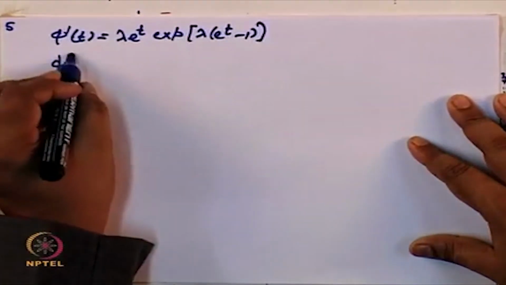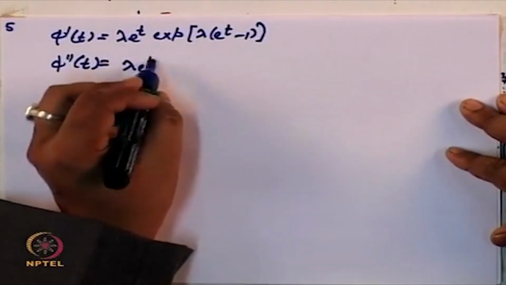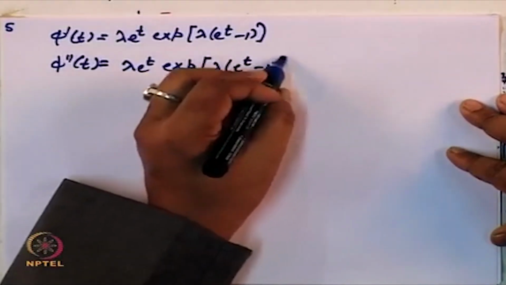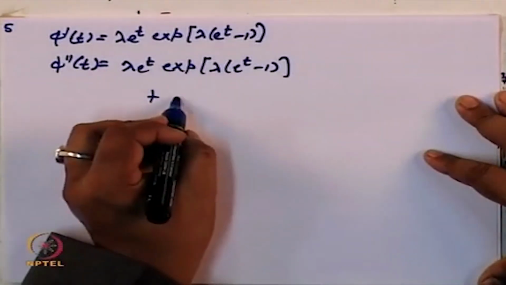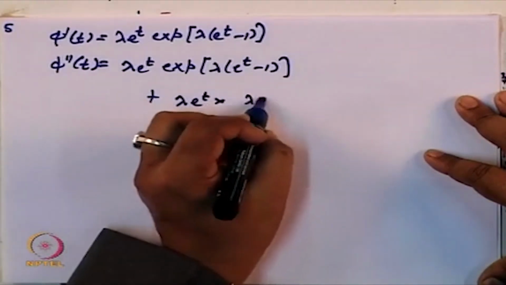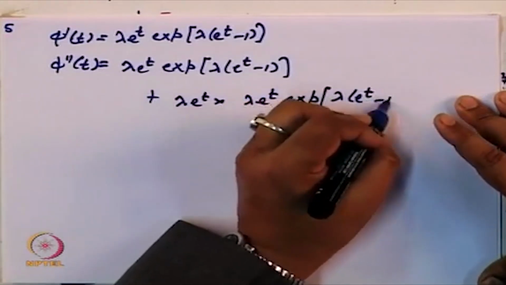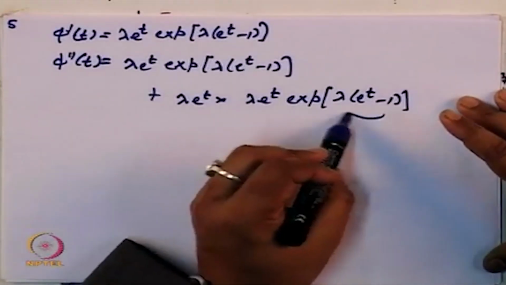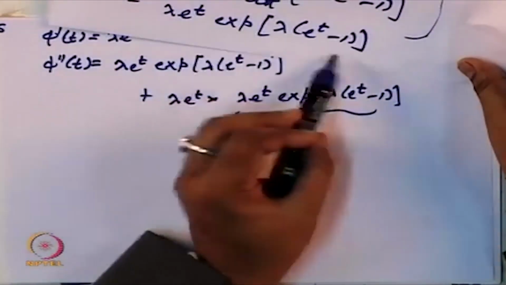So, I can write phi double prime t is equal to lambda e to the power t into exponential lambda into e to the power t minus 1 plus, so, derivative of that means lambda e to the power t into lambda e to the power t exponential of lambda e to the power t minus 1. So, this component comes from taking a derivative of this part.